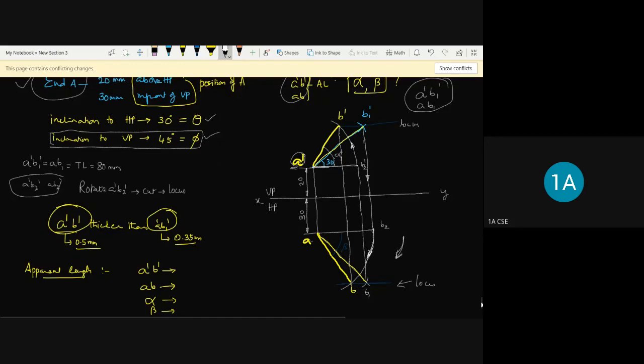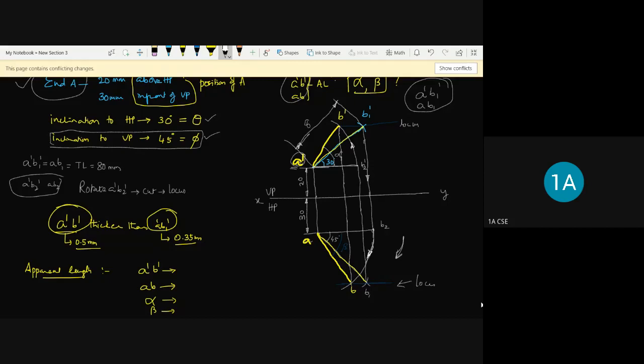You have to mention here that the true inclination should be 45 degrees. And for the dimensions, you can represent only one true length line. For example, here A dash B1 dash length I have to show as 80 mm. This 80 mm line should not intersect the A dash B dash line; I am showing it just above the A dash B dash line.